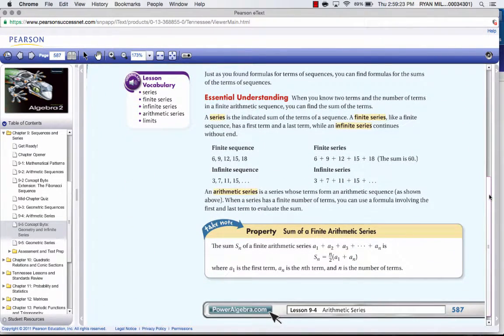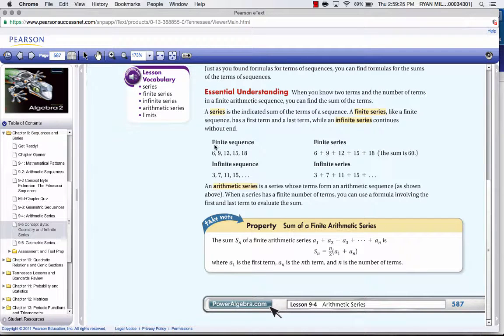First thing we need to understand is that we have a finite sequence versus an infinite sequence. A finite sequence is a sequence of numbers that has a beginning and an end, whereas an infinite sequence has a beginning but continues forever and ever with no end.